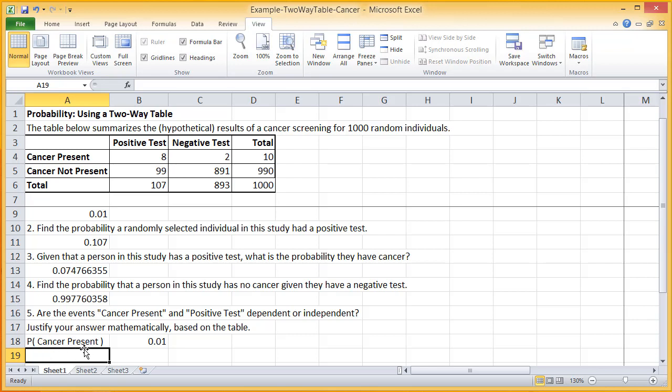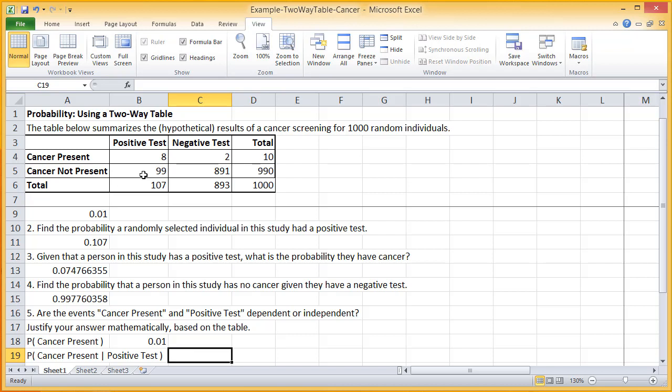We're going to compare that to the probability that cancer is present, given the second event, given we have a positive test. So I'm going to put that in notation first. Probability cancer present, given the vertical bar, positive test. Meaning I'm going to restrict my denominator to only those that have a positive test.